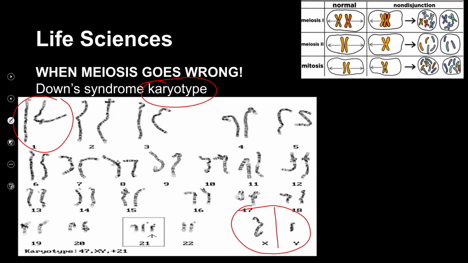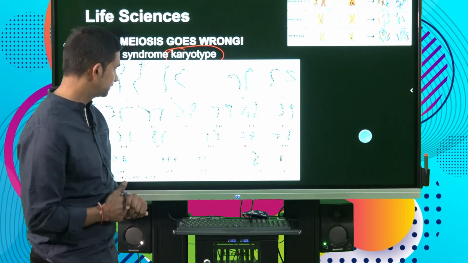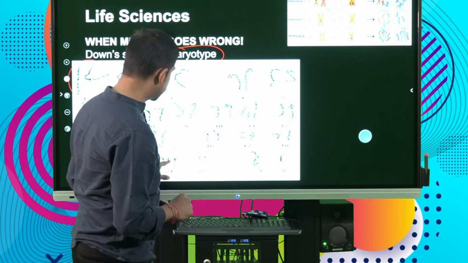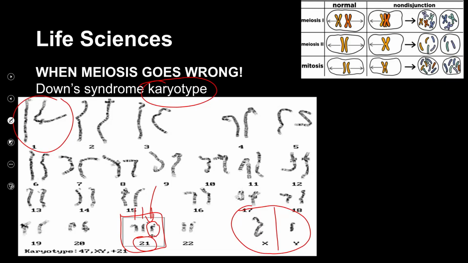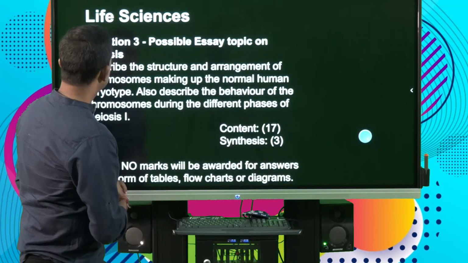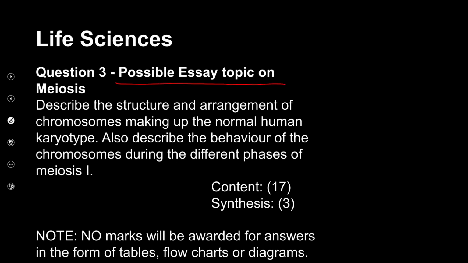Clearly we can see here an individual that has an X and a Y, and that makes this the karyotype of a male individual. What is highlighted in this little box is the presence of 1, 2, and 3 chromosomes number 21. So this initially is a sign of an abnormality in the chromosome number. That means this individual has an extra copy, a trisomy of 21, and this is typically seen in individuals that have Down syndrome.